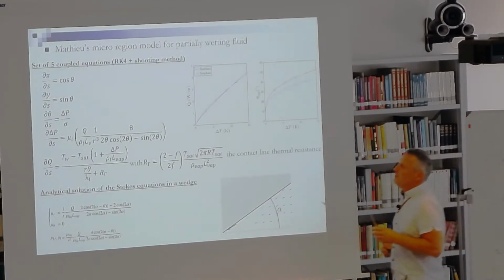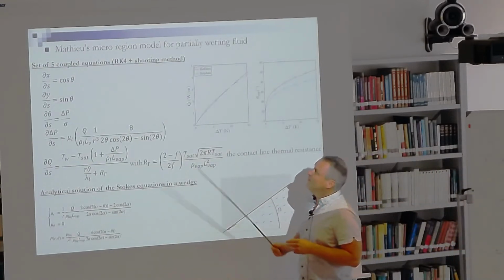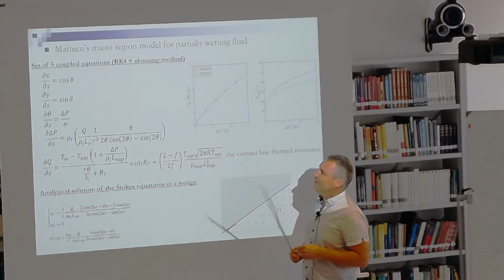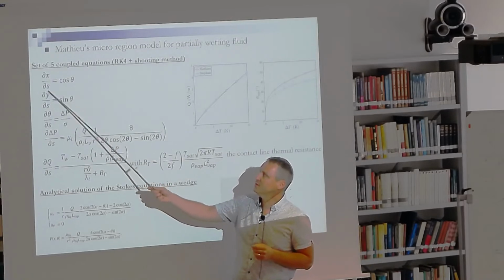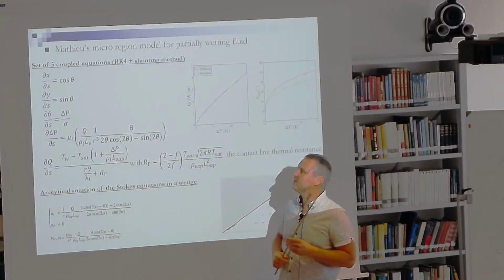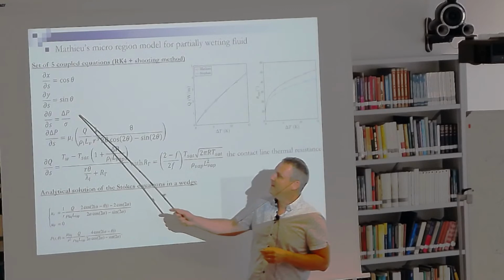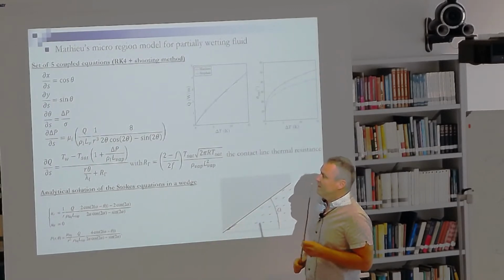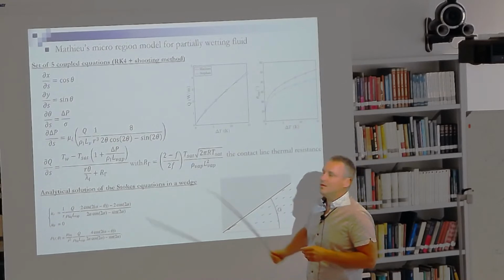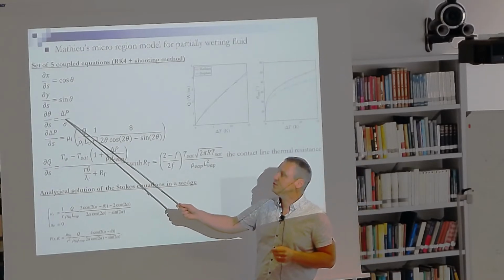This is Mathieu's model. It is a set of five coupled equations, of which the first two are a kinematic representation of the interface. This one comes from the coupling between the contact angle variation and the local pressure jump.